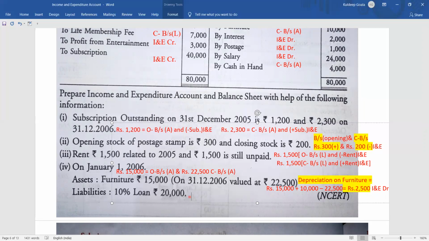First thing, this 20,000 rupees of loan will go in the opening balance sheet as well as the closing balance sheet, liability side. And again you have to find out one thing here, that is the interest.